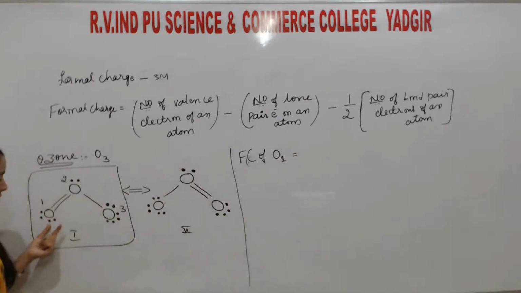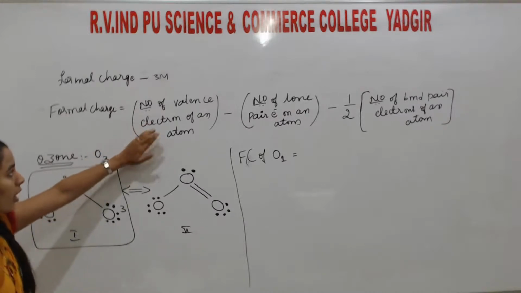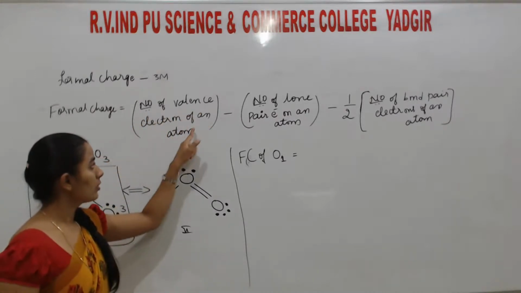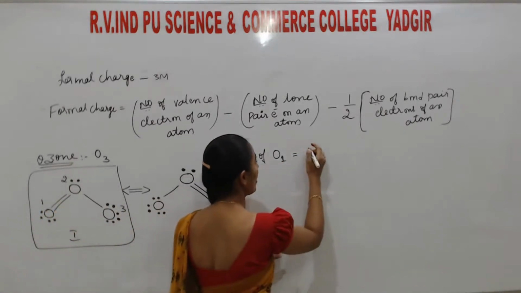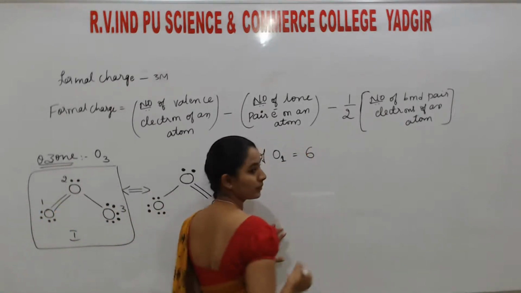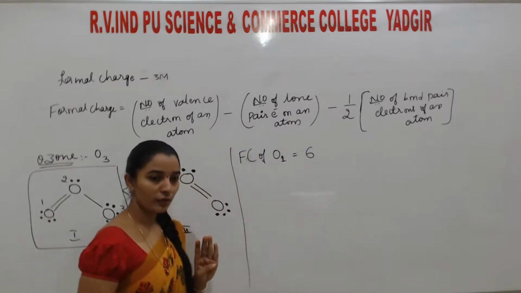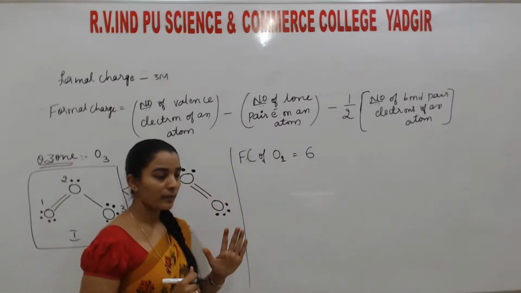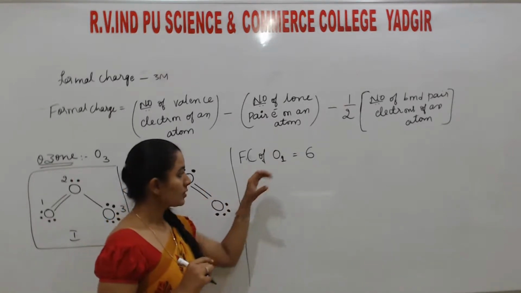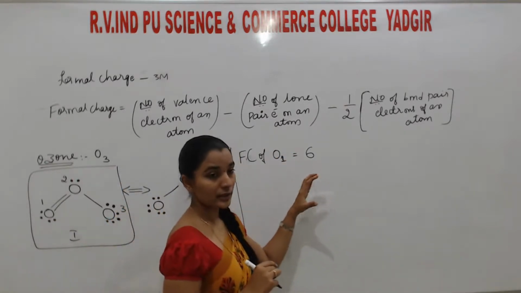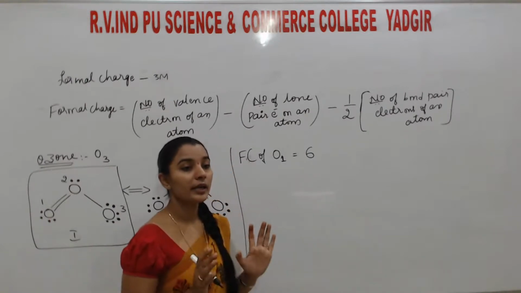According to the formula, number of valence electrons of an atom. So the total number of valence electrons on oxygen is 6. If carbon it is 4. If nitrogen it is 5. If halogens it is 7. Understood? So for oxygen it is 6. For noble gases it is 8.